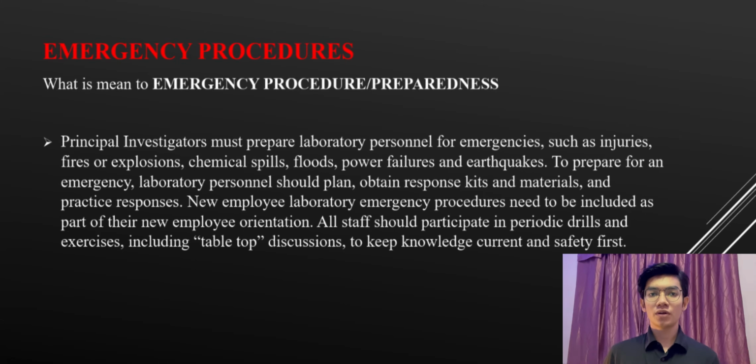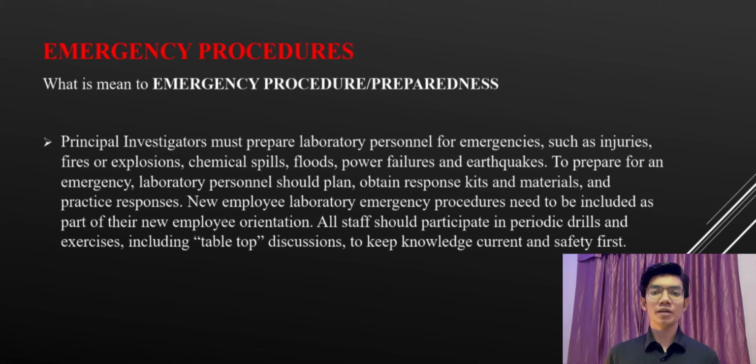Next is the emergency procedure. What is meant by emergency procedure and preparedness? For example, the principal investigator must prepare laboratory personnel for emergencies such as injuries, fire or explosion, chemical spill, flood and power failure, and earthquake. To prepare for an emergency, laboratory personnel should plan, obtain response kits and materials, and practice response.